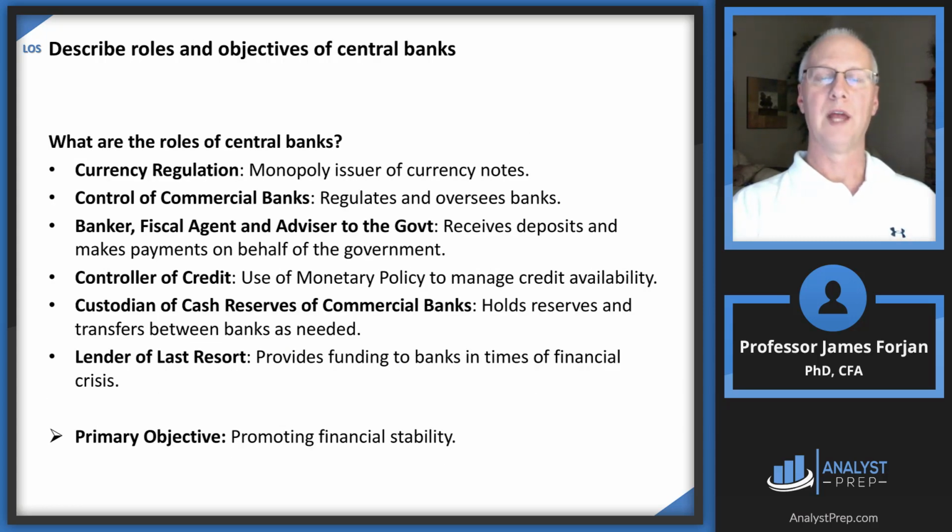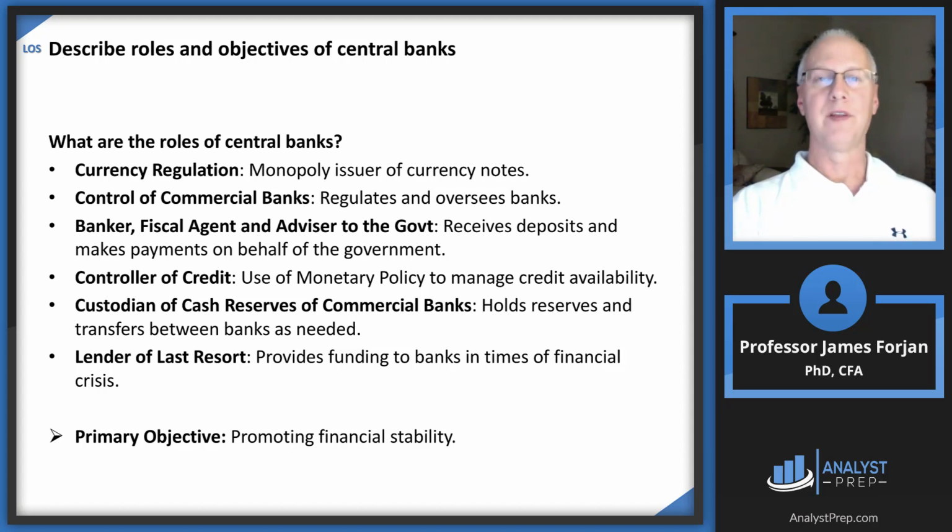How about roles and objectives of central banks? Currency regulation. Of course, the central bank is the only entity that is allowed to issue currency. Control of commercial banks: central banks regulate, they oversee, they establish a whole set of rules about how commercial banks can operate.